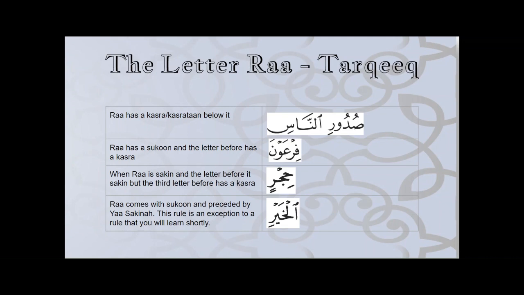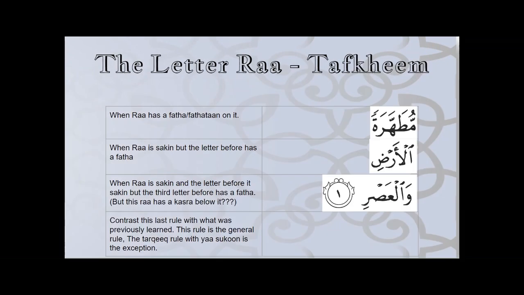This is not the general rule. This is an exception to a rule that you will learn shortly. Just remember that if you see ya sukun right before the letter ra, then you're supposed to pronounce the ra light or with tarqiq. Just remember that was an exception.